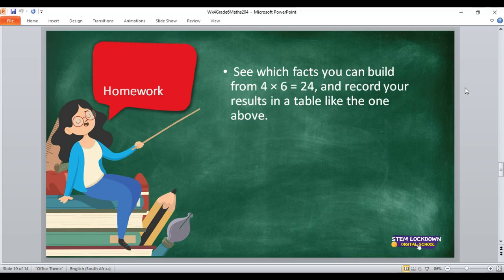So we are able to pick up that 4 multiplied by 60 gives us 240. This is another knowledge that we're building from the commutative property. And 40 multiplied by 6 is also 240, right?